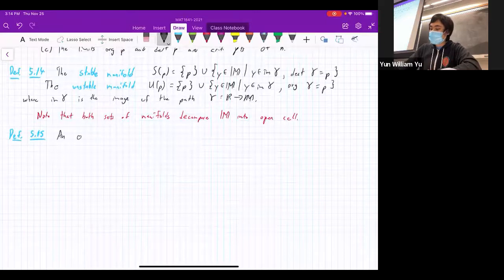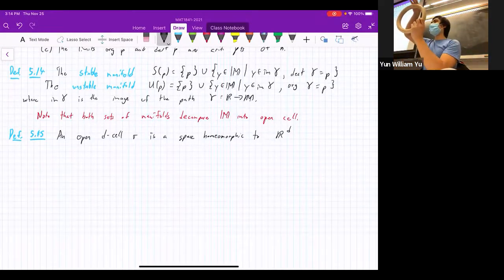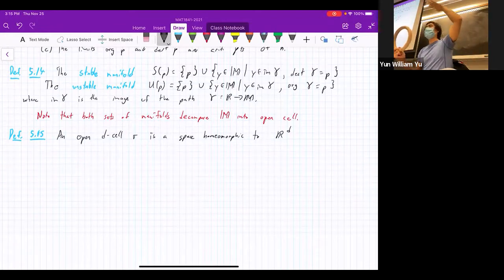We're going to say an open D cell, sigma, is a space that's homeomorphic to R to the D. So in this particular case, say this particular point, I always get stable and unstable mixed up because of whether you're going to climb your gradient or descend your gradient.